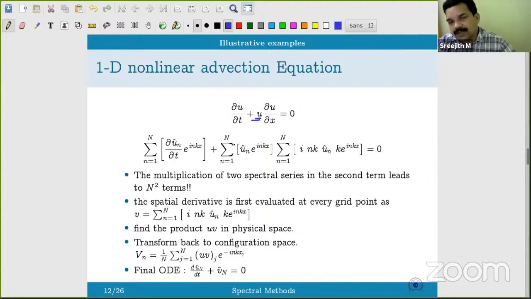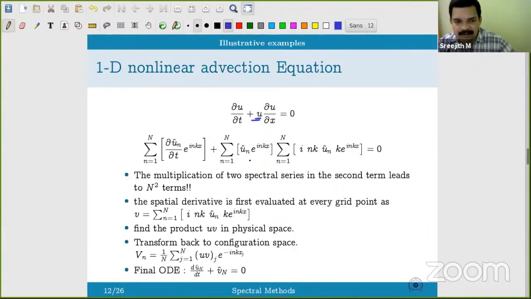If you substitute that approximation here, you'll get a product term of series. So you have two series and their product term, which means n squared terms are coming there. So it is difficult to calculate that term in Fourier space or in configuration space.